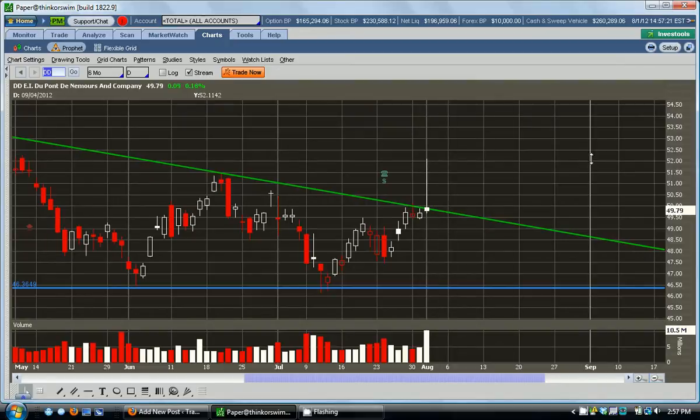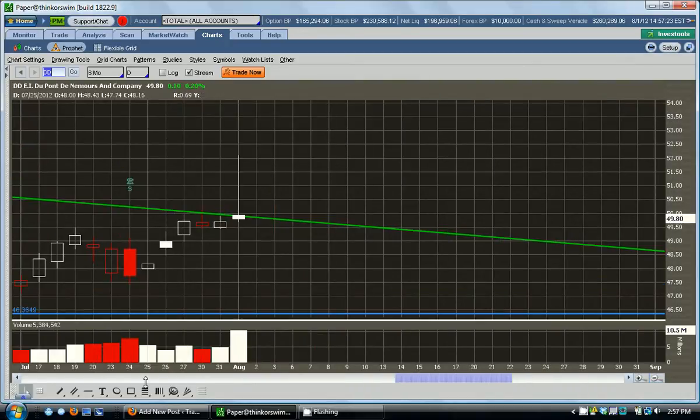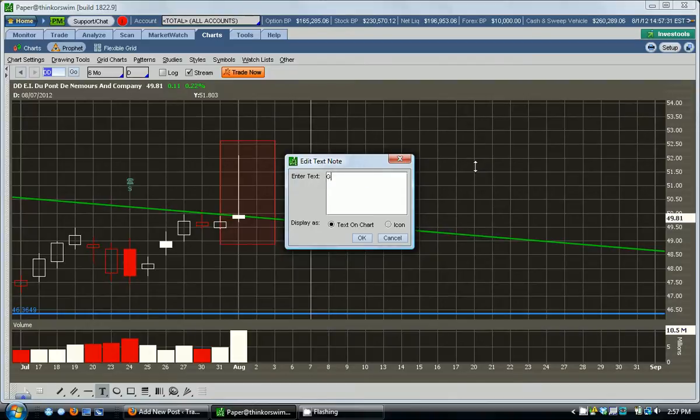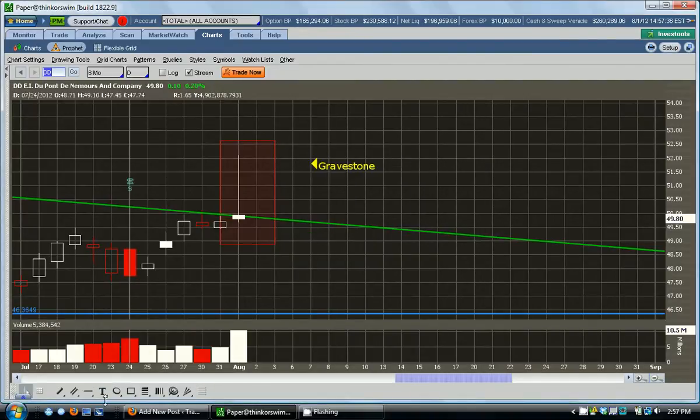So this entire candle, in Japanese candlestick terminology, would be called a gravestone, or you could also call it a shooting star.